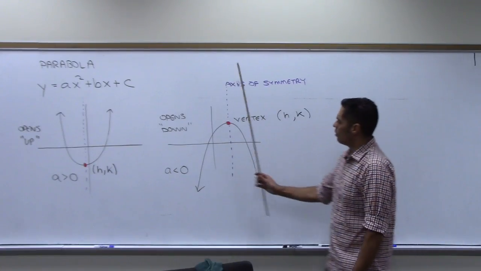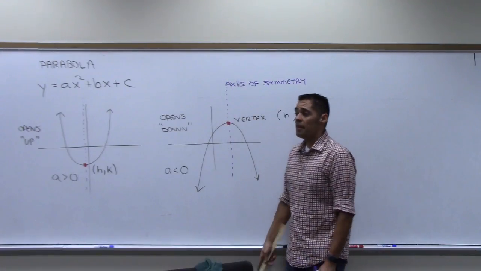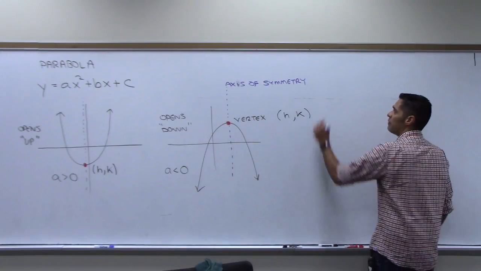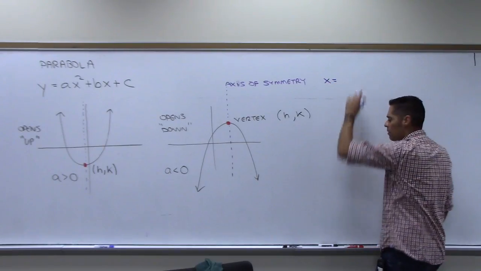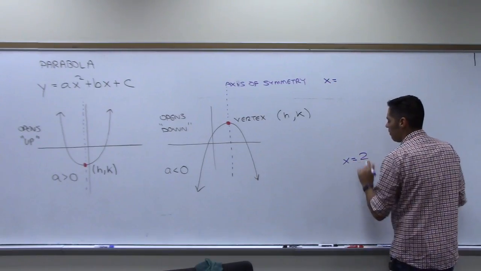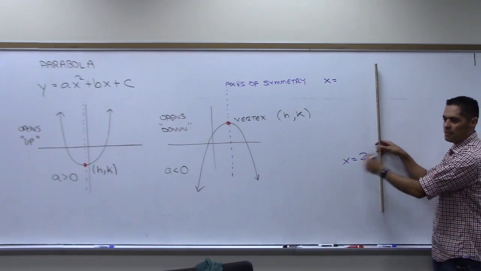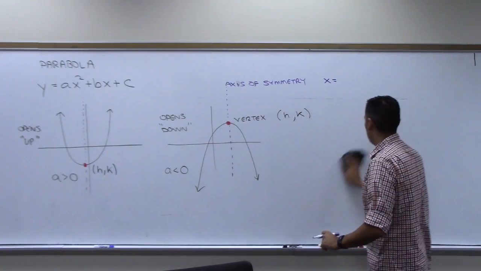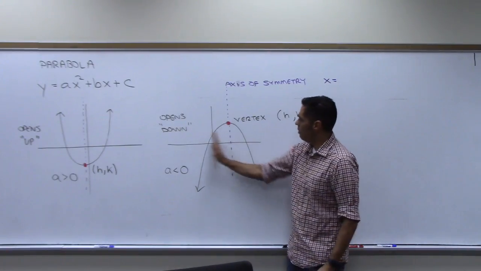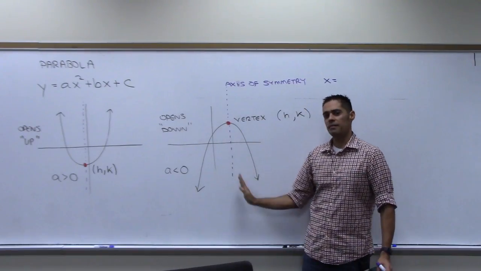Now, it's a vertical line, right? Vertical lines have equations. The equation of a vertical line is x equals some number. I don't know if you remember that. If I say x is 2, this means a vertical line through an x value of 2. So what is the x coordinate of this line?